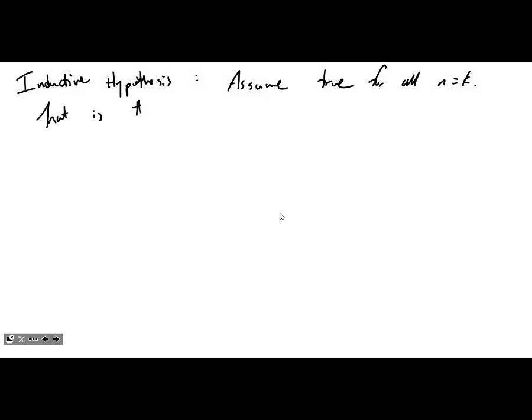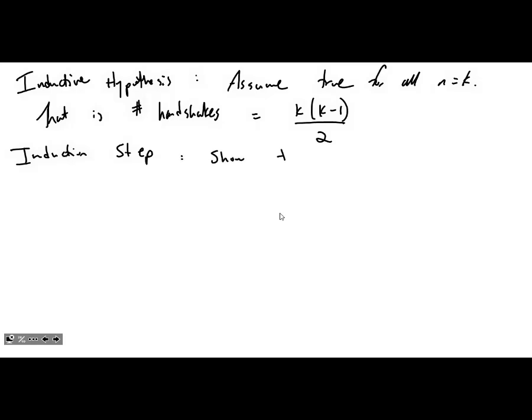That is, the number of handshakes is equal to k times k minus 1 over 2. And I get to assume that this is true. Now, we move on to the third step, the induction step. We now show that this is true for n equaling k plus 1.